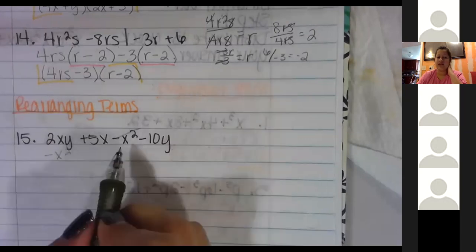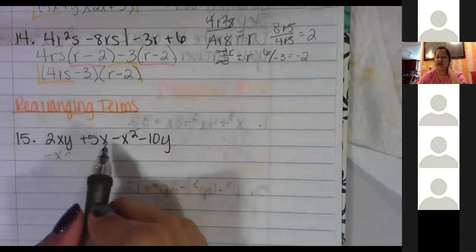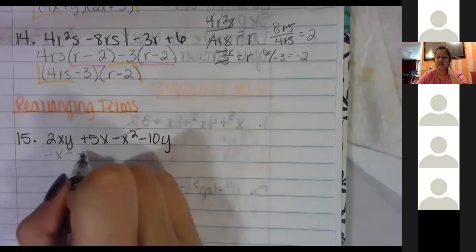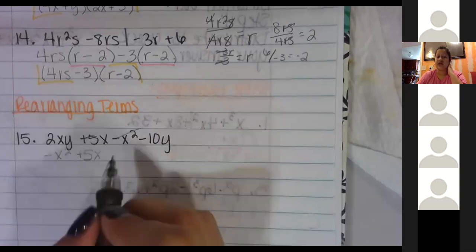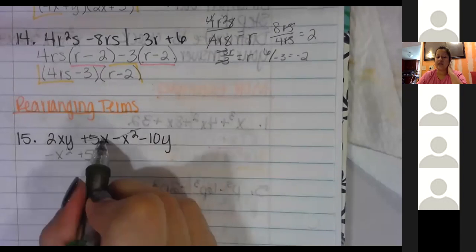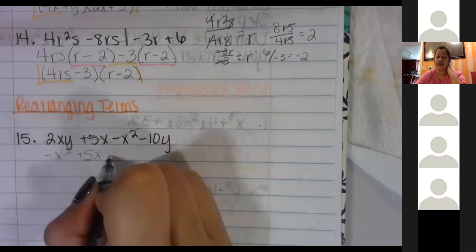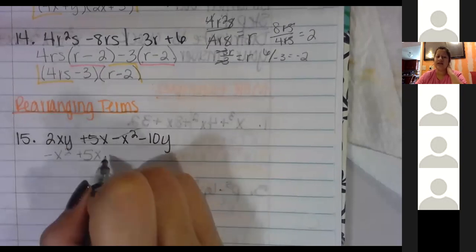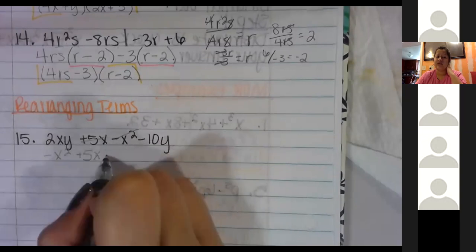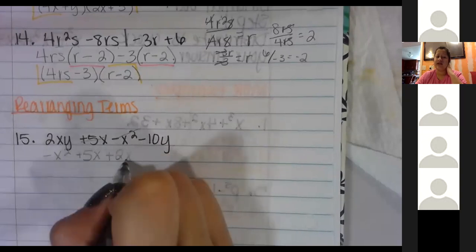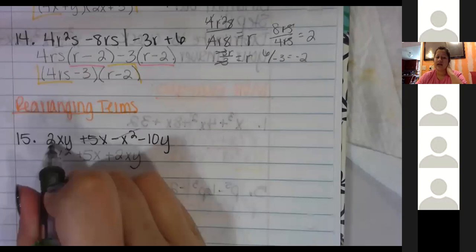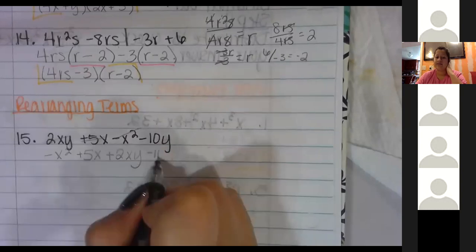And then the next one would be just 5x, because you've got to look at all your x's, everything with an x before it. And then we would put 2y. And remember, if there's not a sign in front of it, it's going to be a positive, so long as there's not a negative sign. And then at the end, we'll have negative 10y.